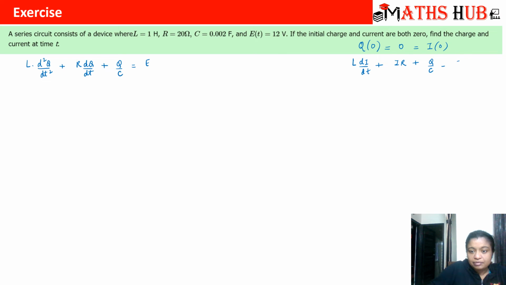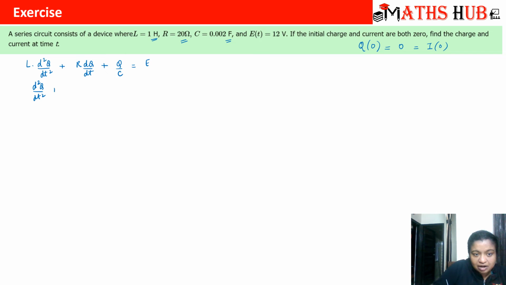Now, what is to be done further? So now you can see that in the question, all the values of L, R and C are given to us. So let us substitute. L is 1 and you should be taking care of the units. L should be in henries, R should be in ohms and C should be in Farads, right? So L is 1, so this term is simply d square q by dt square.